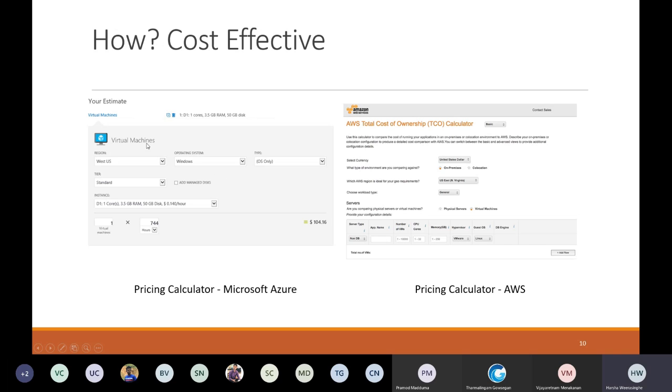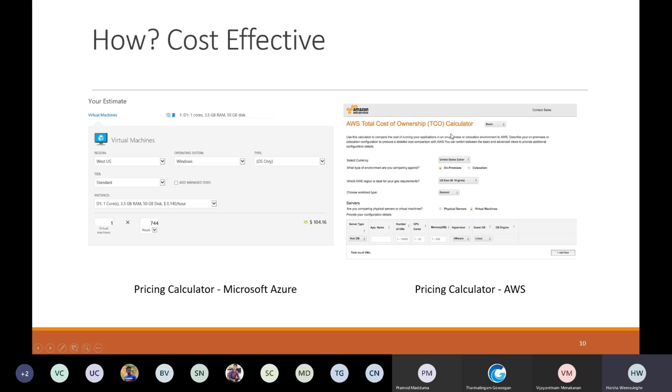You can simply select, so here I'm going to create a virtual machine. It says 3.5 GB RAM, 50 GB disk. What is the region? What is the operating system? I'm going to use this virtual machine for this amount of hours, and it tells us this is the cost that we're going to get. So this is an approximated cost.